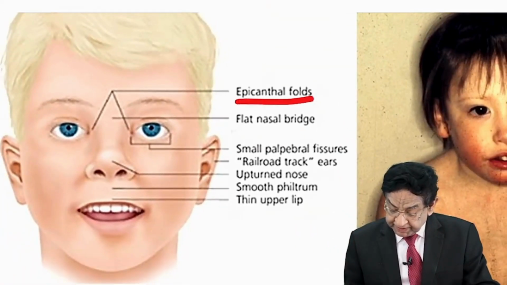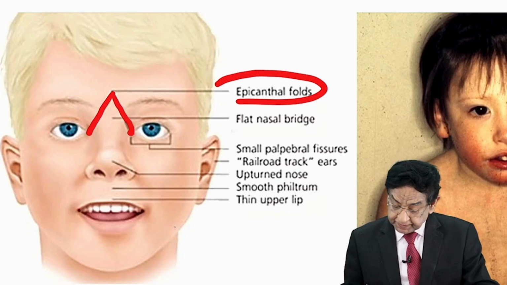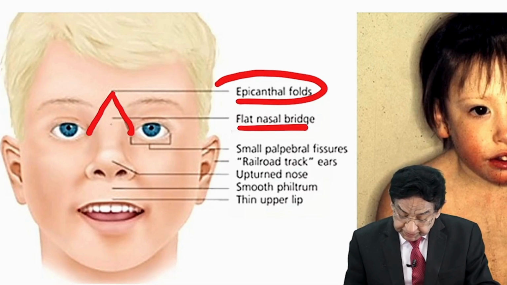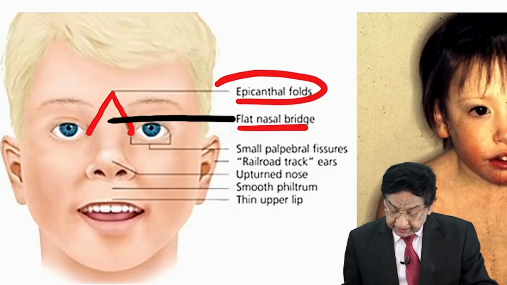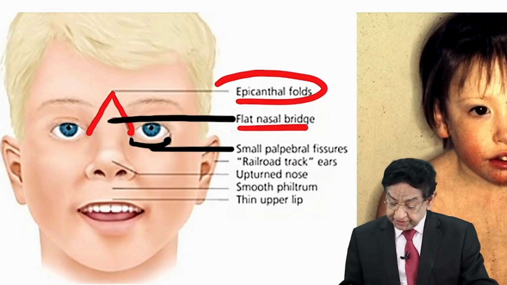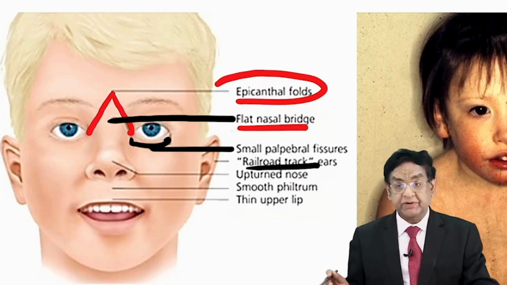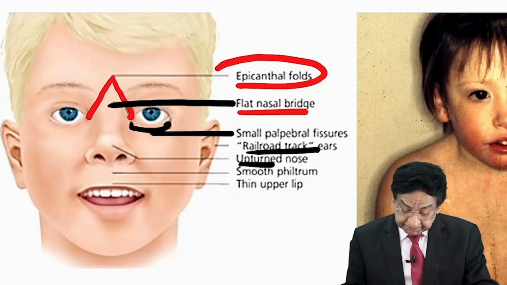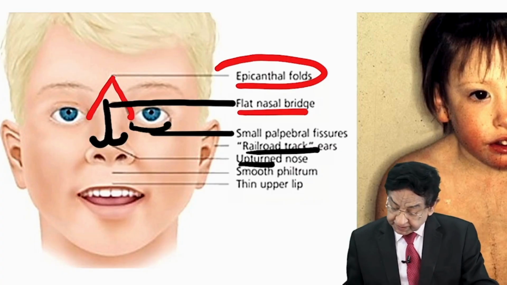You can see flat nasal bridge, and small palpebral fissure. Ears look like railroad track. Upturned nose, that means it's a flat nose, but slightly upturned.